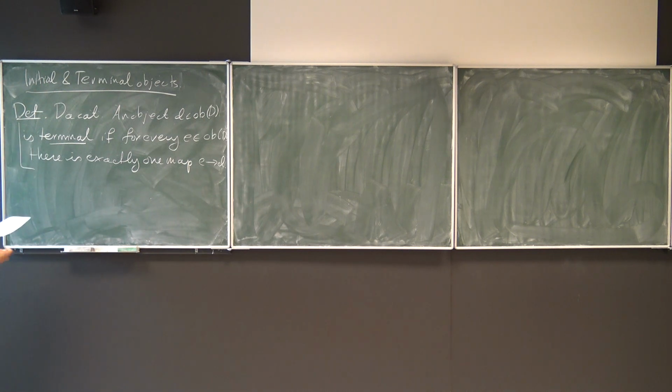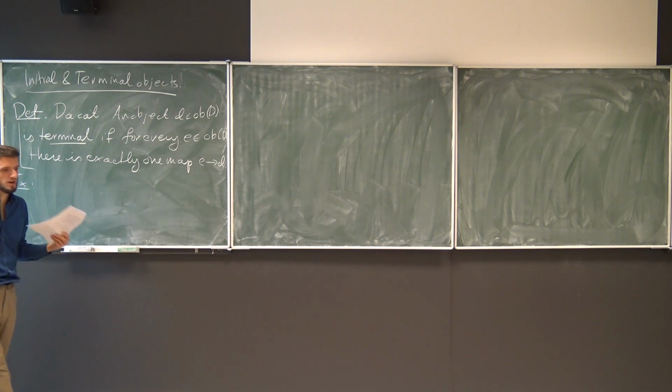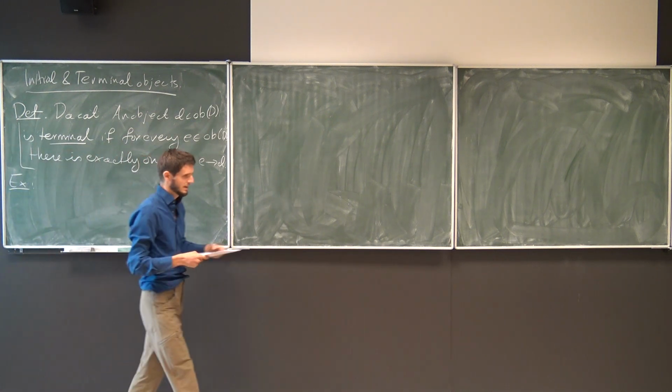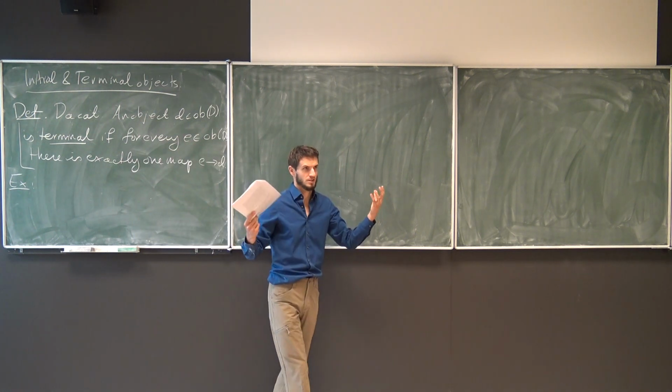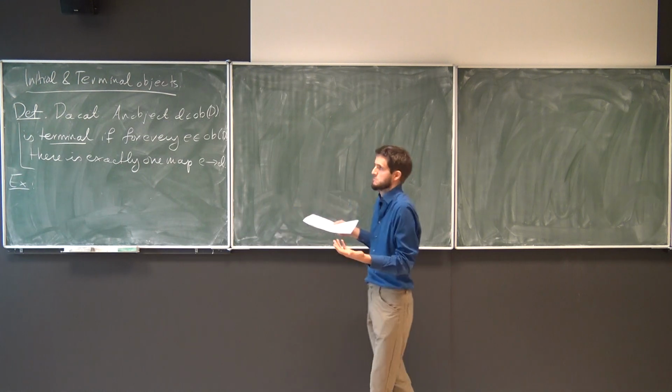So what is there to say about them? Let's run through quickly some examples and exercises. An exercise: show that a terminal object is unique up to unique isomorphism if it exists. Not every category has a terminal object, but a category has essentially at most one terminal object. Of course, if you have a terminal object and another object which is uniquely isomorphic to it, that will also be a terminal object.